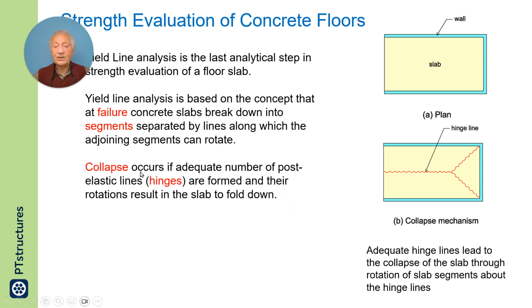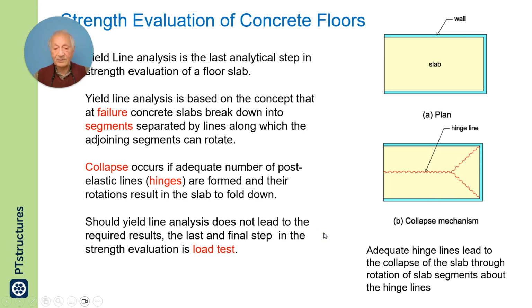So collapse occurs if an adequate number of post-tension elastic hinges are formed and their rotations result in the slab folding down.